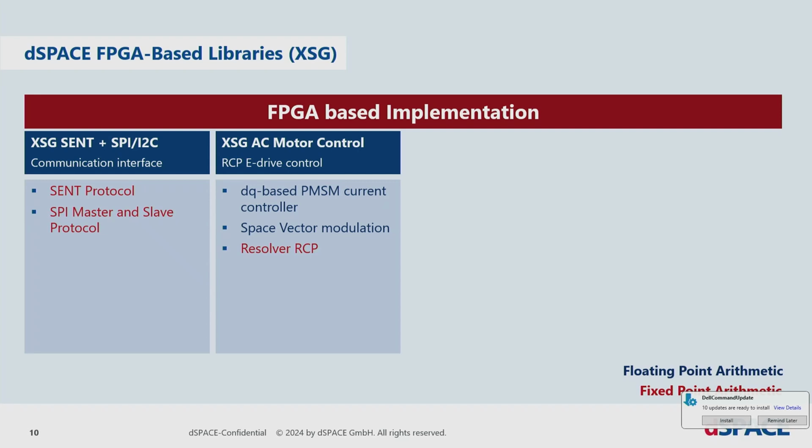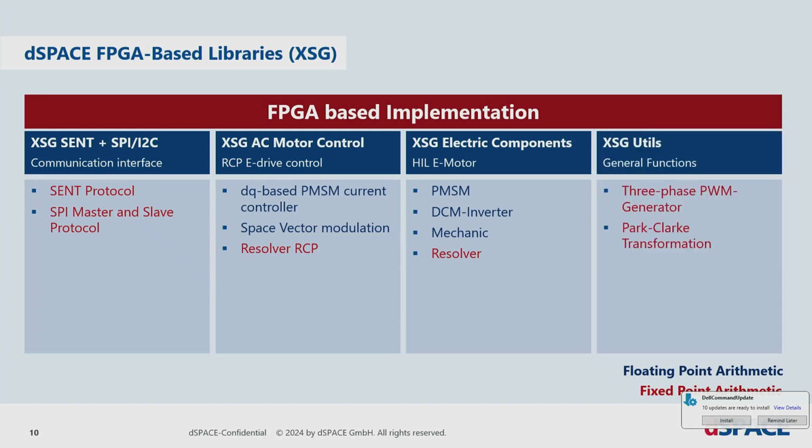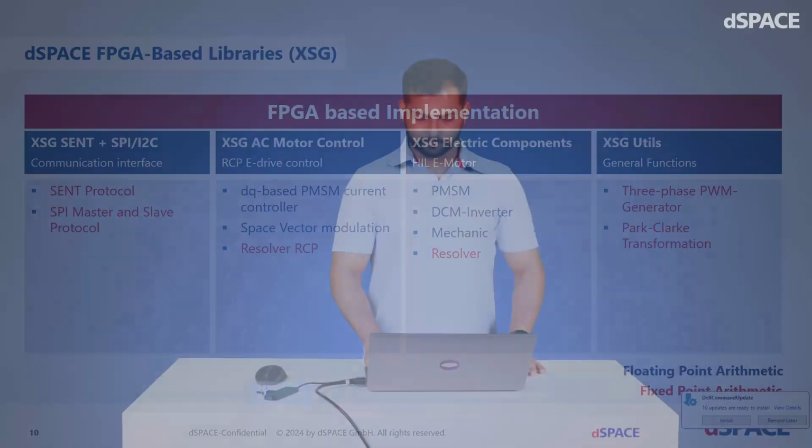We can see that the DQ-based PMSM controller and space vector modulation are both implemented in floating point arithmetic, whereas resolver RCP is implemented in fixed point arithmetic. From the XSG electric components library, PMSM, DCM inverter, mechanic, and resolver are implemented. And last, from the XSUtils library, general functions such as 3-phase PWM generator and Park-Clarke transformation blocks are used.